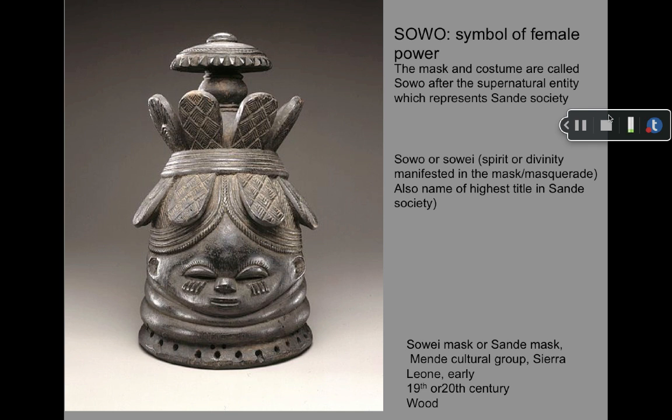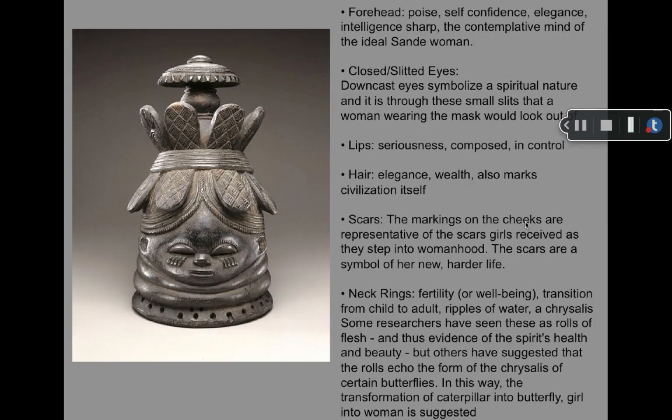This is also the highest title of someone in the Sande Society. So if you are an elder who's important to the Sande Society, you also would be called a Sowo. But for the purposes here, we'll talk about the spirit or divinity that activates the mask and the costume as being Sowo.